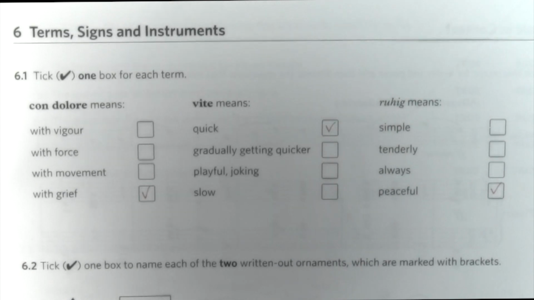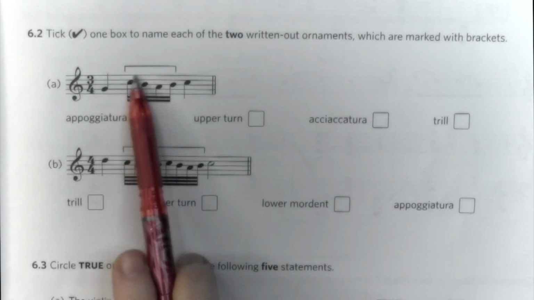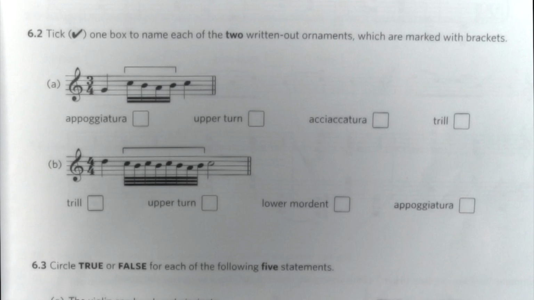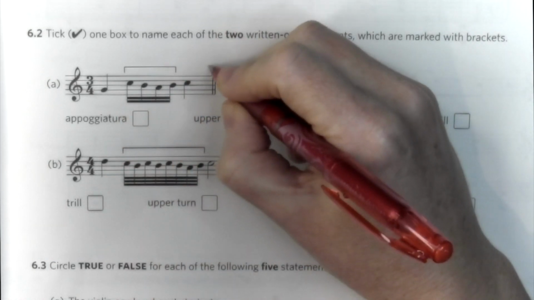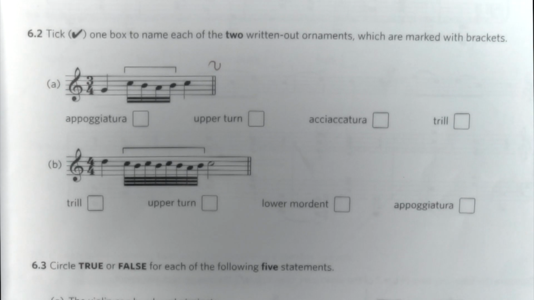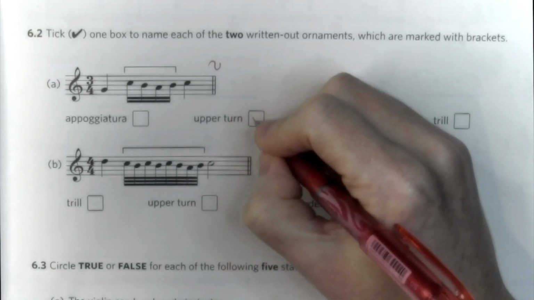That's all for me. Exercise 2 about ornaments. Okay, we have 2 ornaments here, and 2 written out ornaments, and we need to say the name of it. In this case, look at the shape of it. This is a gruppetto, also called upper turn. Gruppetto.